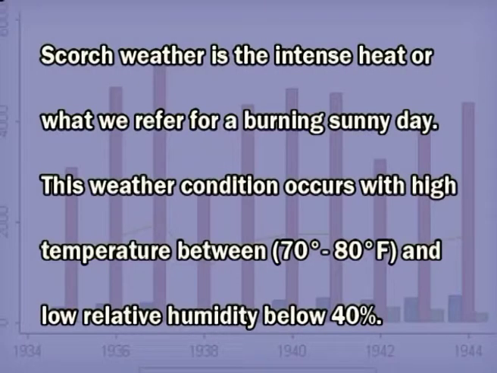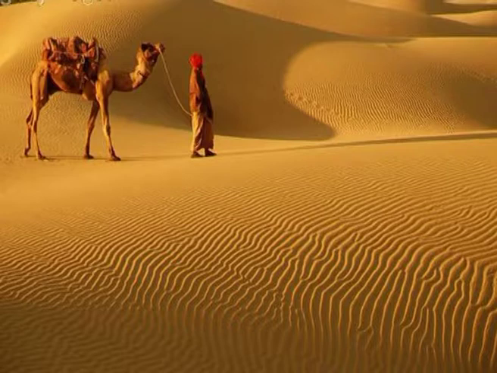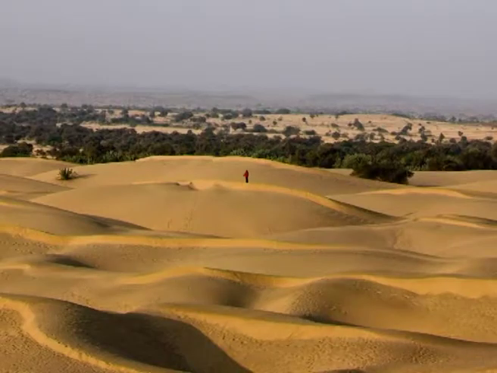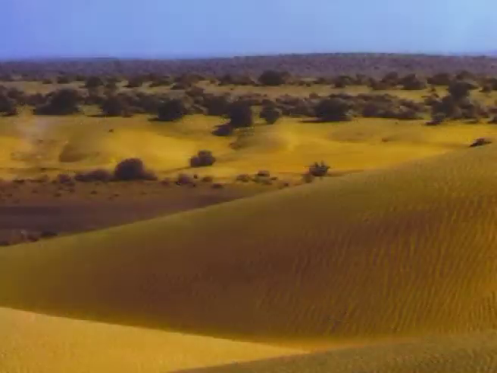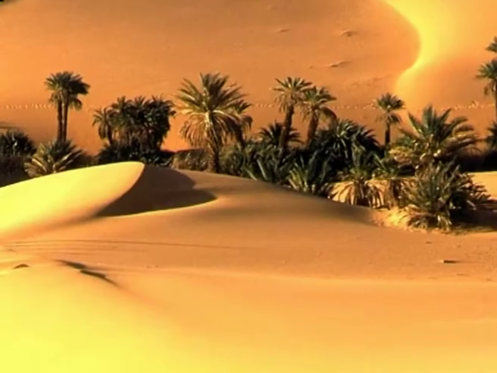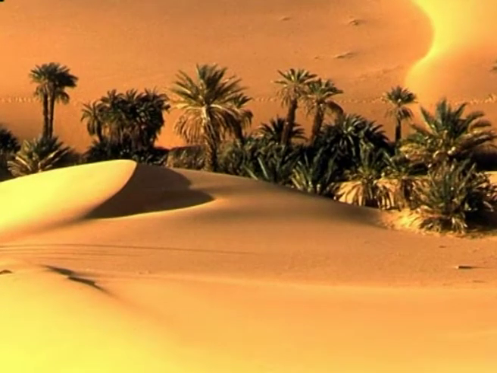Scorch weather is the intense heat, or what we refer to as a burning sunny day. This weather condition occurs with high temperatures between 70 degrees to 80 degrees Fahrenheit and low relative humidity below 40%. Some extreme examples of weather can be referred to the temperate deserts like Sahara or Thar during the summer times.